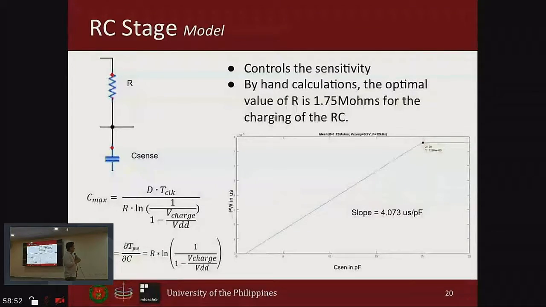Now, in this particular implementation, what was determined was the resistance would be close to 1.75 megaohms. And then the capacitance for sensing was determined to be 0.55 picofarads for the reference. And then for the sensing part, it would be from 1 to 20 picofarads.